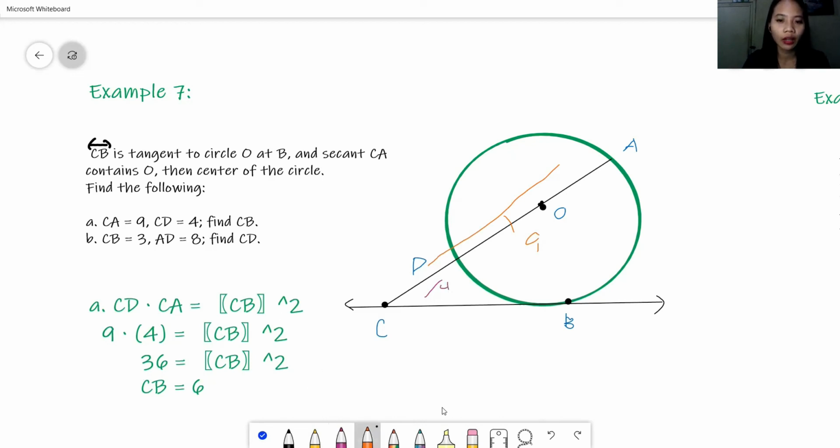Let us find now our CB, this one. So to find CB, let us plug in the value of CA, which is 9, and then the value of CD, which is 4. So 9 times 4 is 36. So CB squared equals 36, then let us take the square root of both sides. So the square root of 36 is 6. So we already have the value of our CB, which is 6.